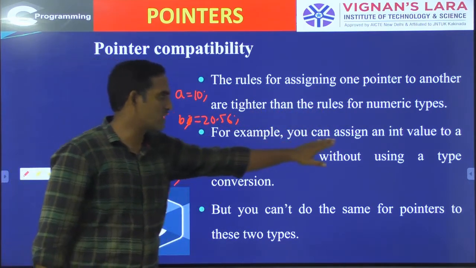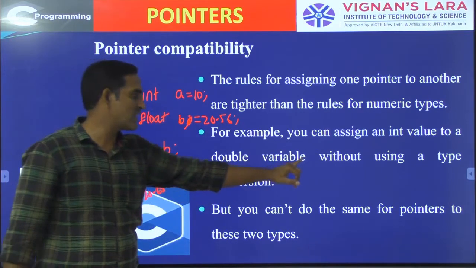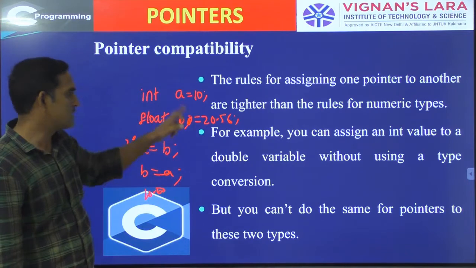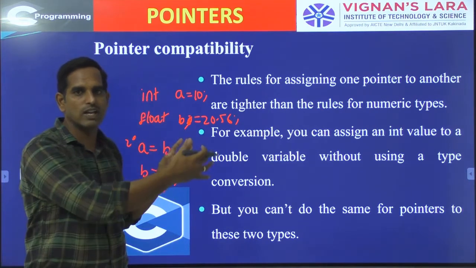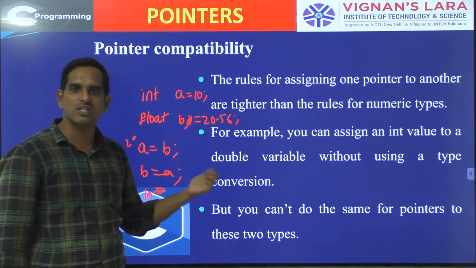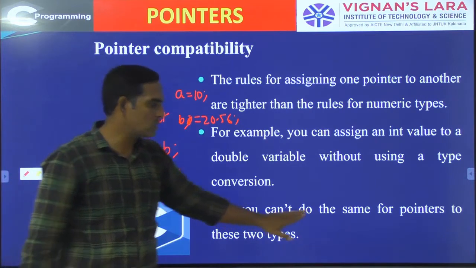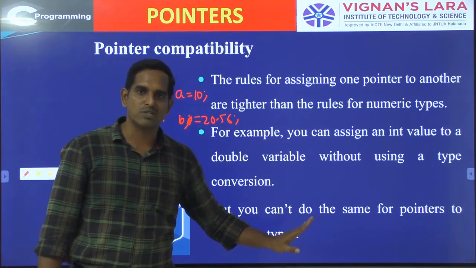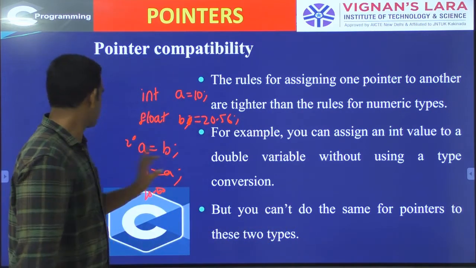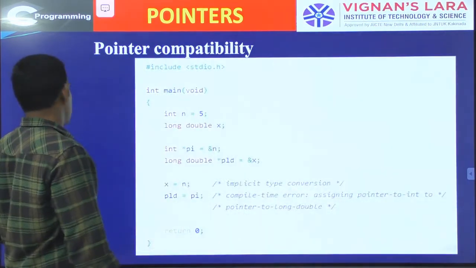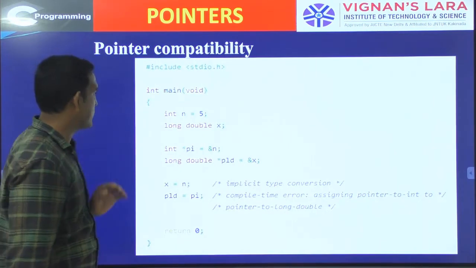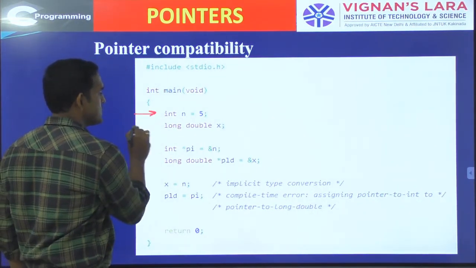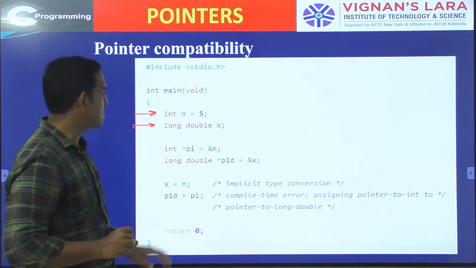For example, you can assign an integer value to a double value, or a float value to an integer value, without any type conversion. But you cannot do the same for pointers of two different types. What does this mean? Take this example where you have two variables, one integer and one long double.